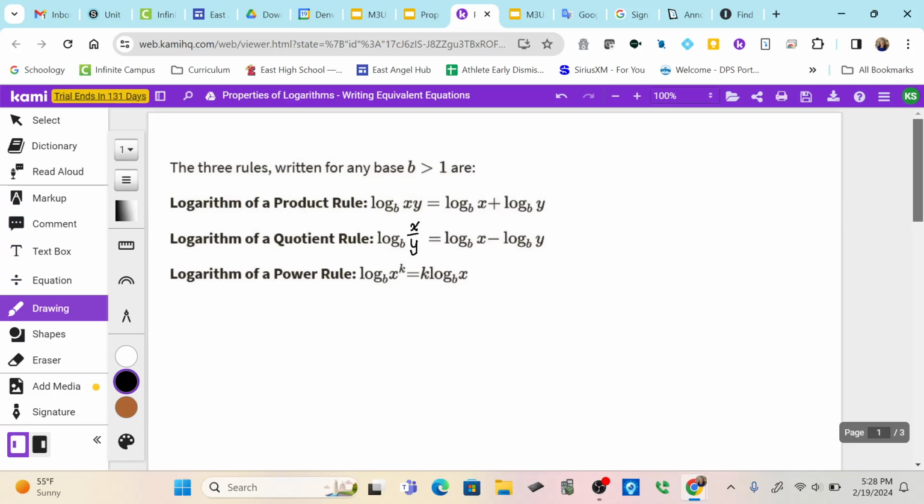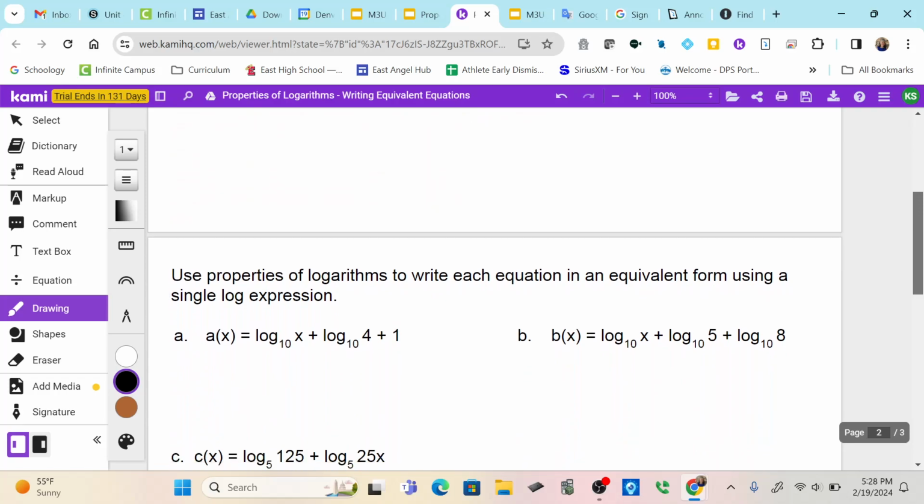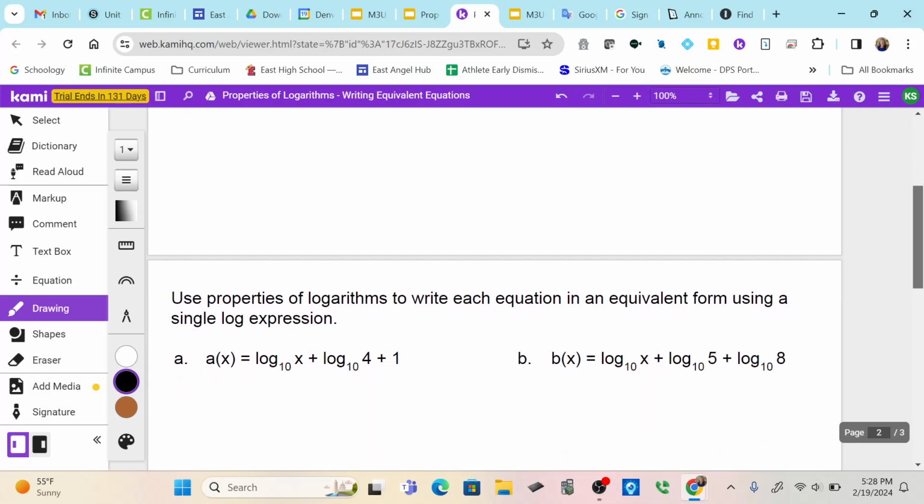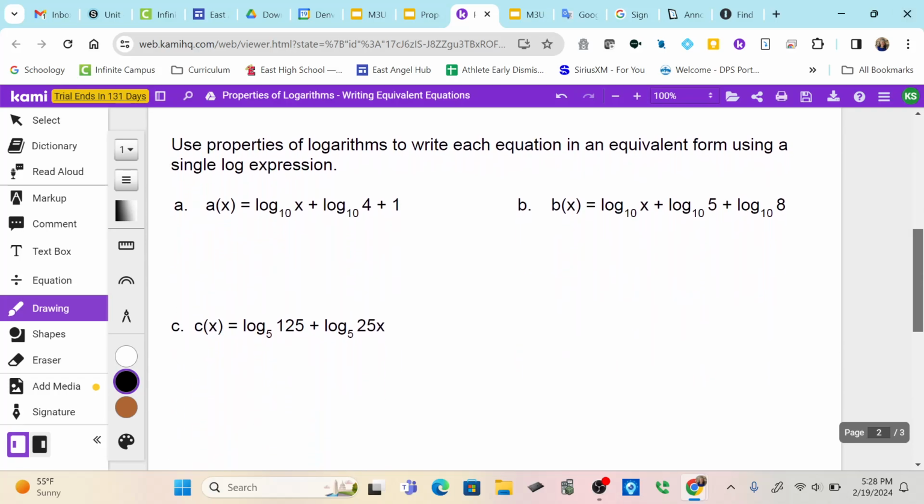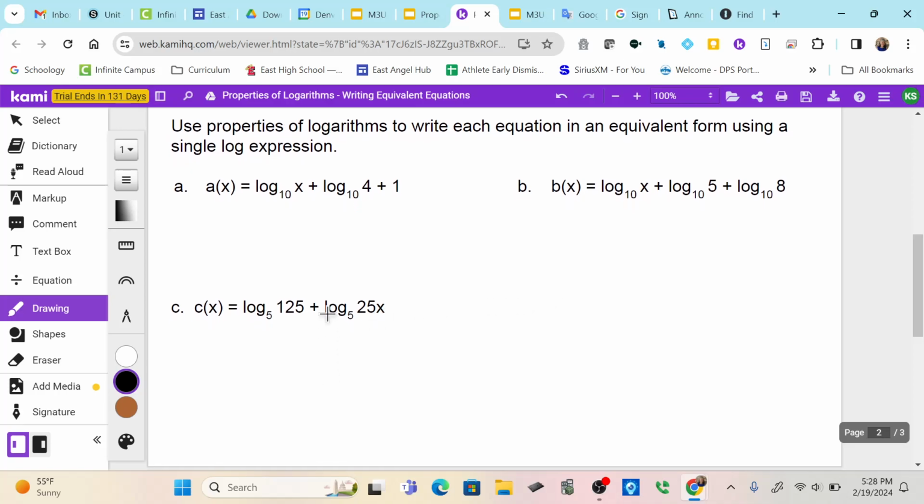So let's take a look at our first examples here. Here, our first equation is a of x equals log base 10 of x plus log base 10 of 4 plus 1. Well, only the first two parts of this are written as a log base 10. So let's rewrite 1 as a log base 10 value.